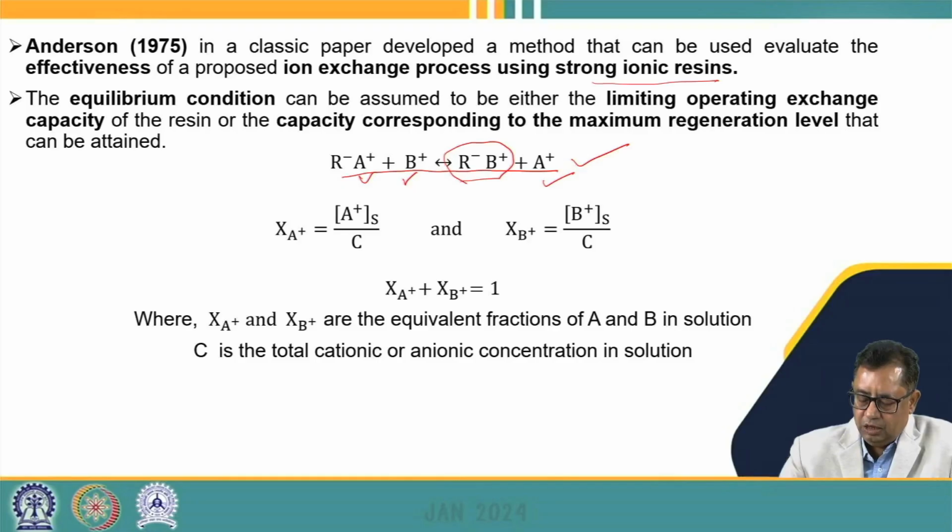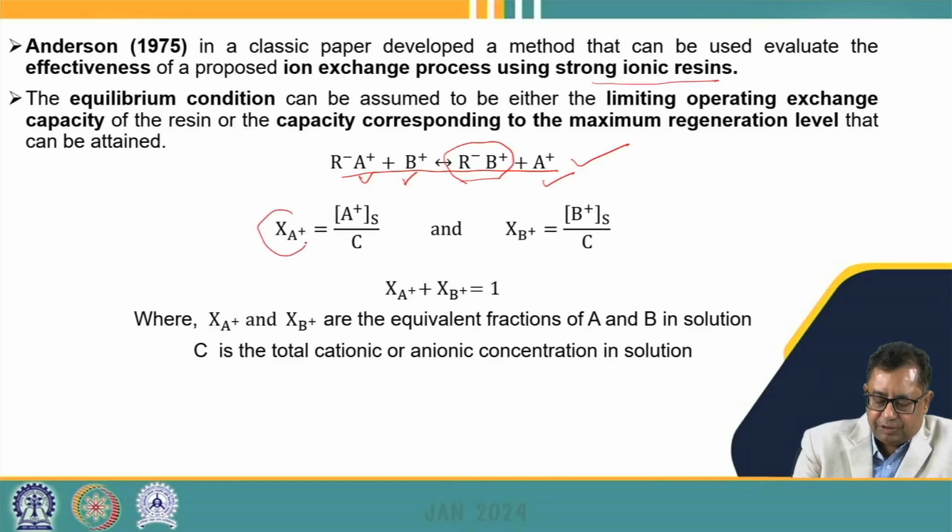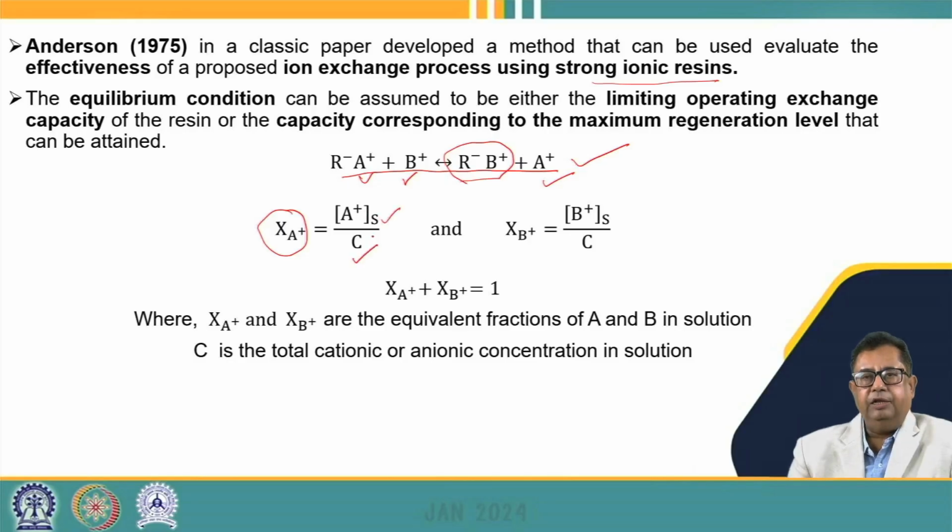Okay. So at equilibrium conditions, the fraction of the A plus ions present in the solution will be the concentration of A plus ions in the solution divided by the total ionic concentration in the solution. For example, here we are talking about cations, so the total cationic concentration in the solution. Similarly, the fraction of B present in the solution will be the concentration of B plus ions divided by the total cationic concentration in the solution.